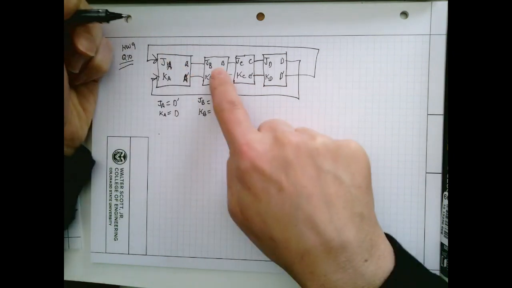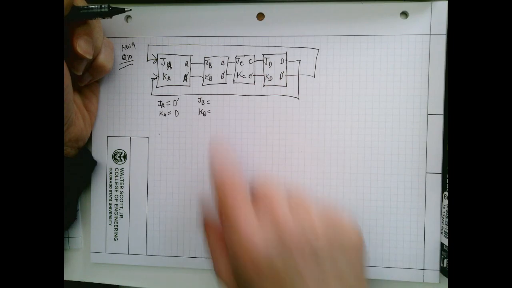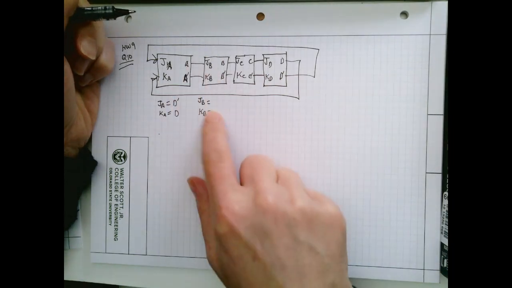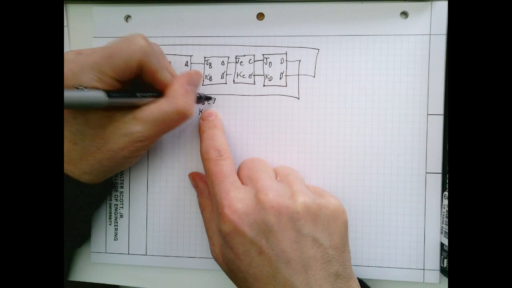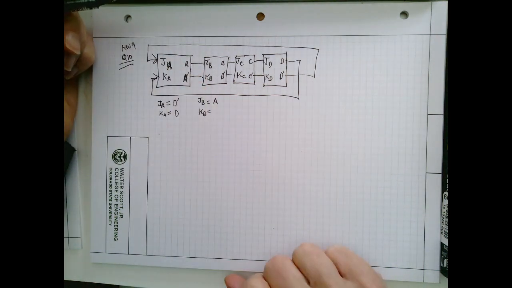What do you suppose J sub B is equal to? Harushi, what do you think? Are you there? Well, J sub B is wired to A, so J sub B equals A. What do you think K sub B is going to be?